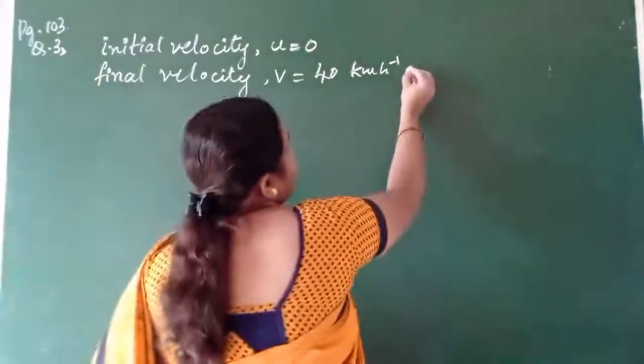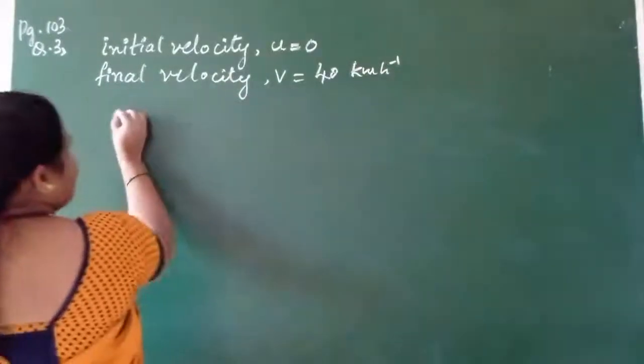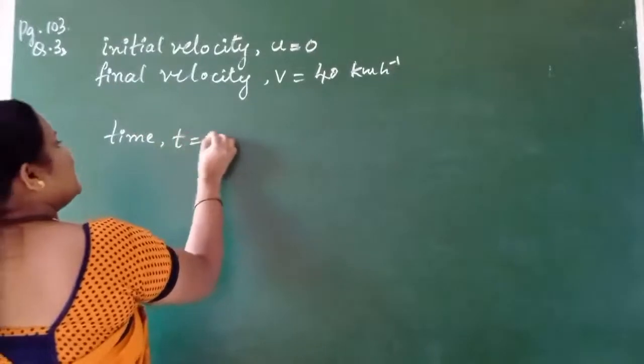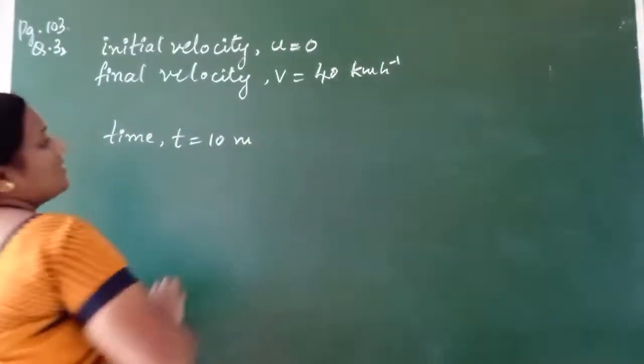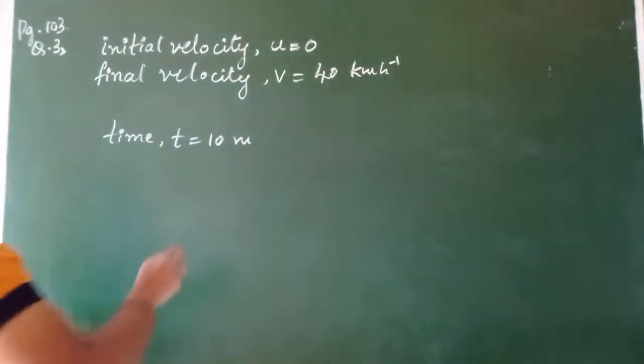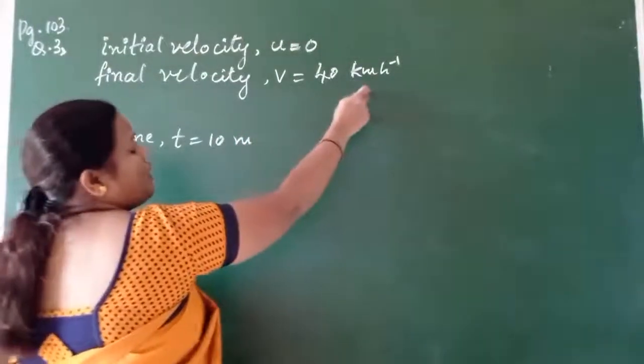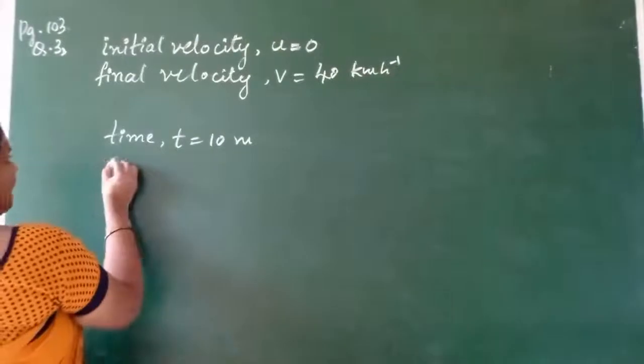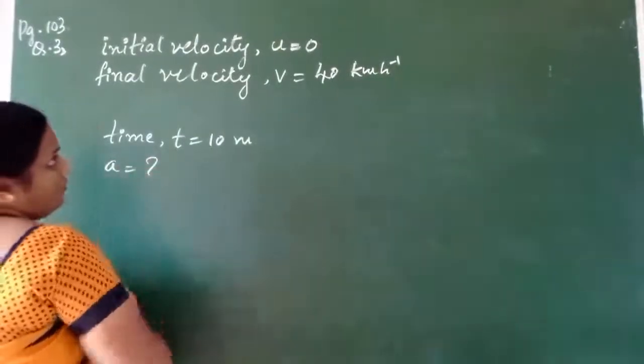And the timing they have given is 10 minutes. So first we need to convert these two into seconds, children. This is what? Meter per second, and timing in seconds, in order to calculate acceleration.